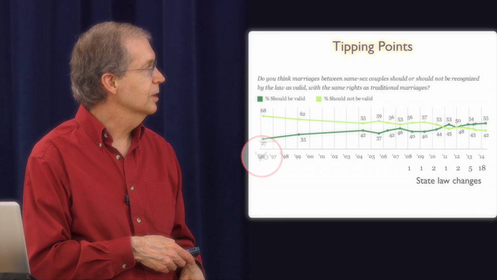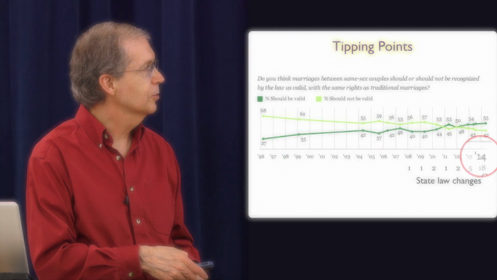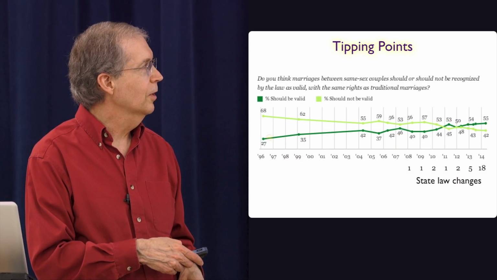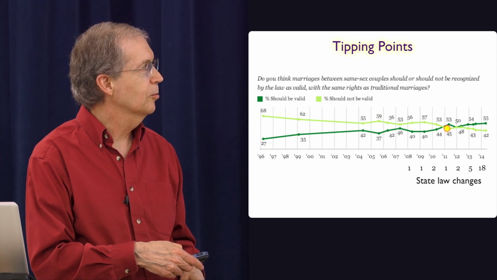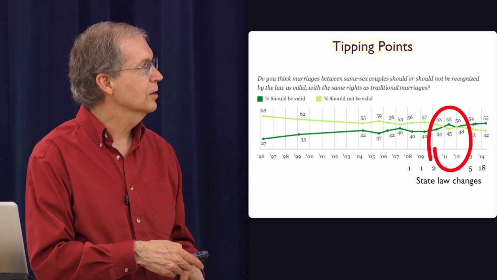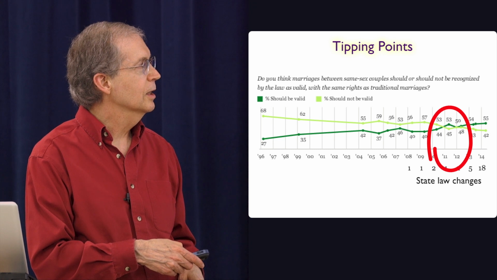And you'll notice this is 1996 up to 2014. You'll notice that there's a very gradual increase in the should be and the corresponding gradual decrease in the should not be. And somewhere right around 2011, 2012, it gets to a place where there's a crossover.